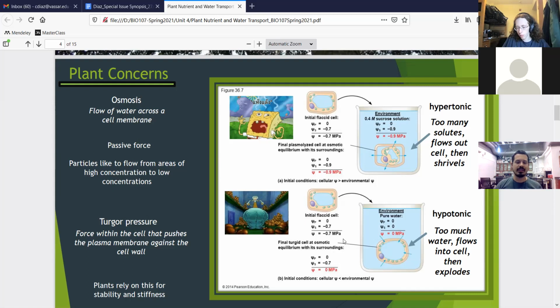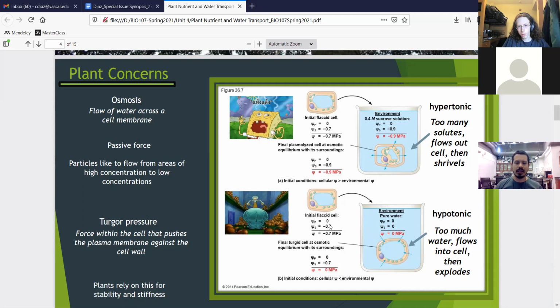When you look at this second example, it's the exact opposite. So once again, we have this base cell that's at -0.7. But in this case here, we're going to be putting it into pure water, which has no salt. So there's not going to be any gradient. And so we're just looking at the internal pressure of that cell.